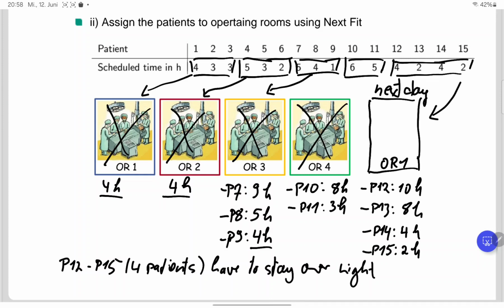We have 4 hours also in operating room 3, and we have 3 and even 2 idle hours in operating room 1 on the next day. So that cannot be the best solution. Okay, on one hand we have to operate on an additional day, we have blocked every operating room, and we still have idle times.